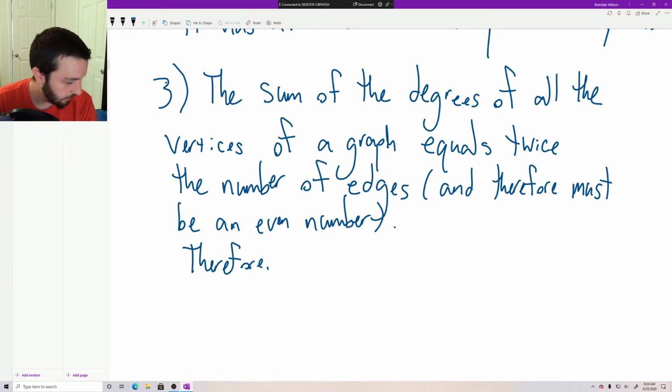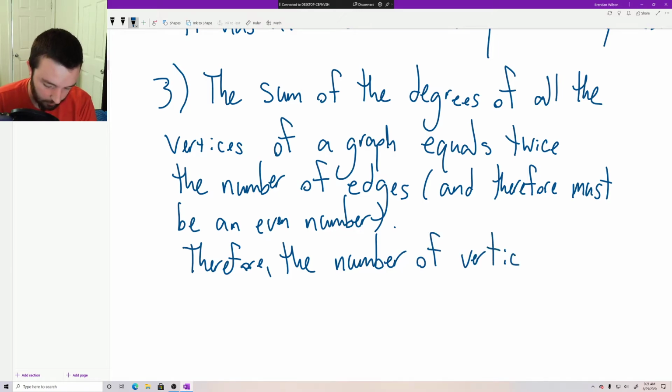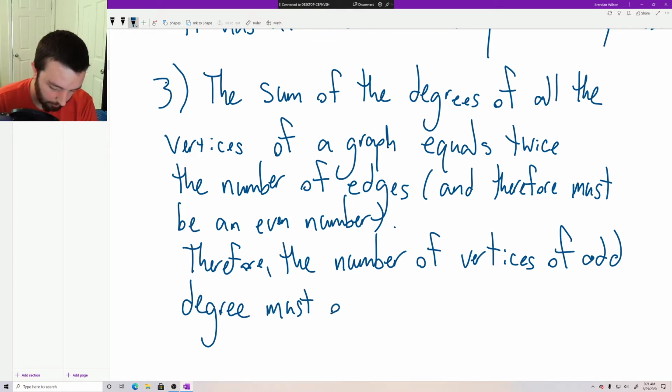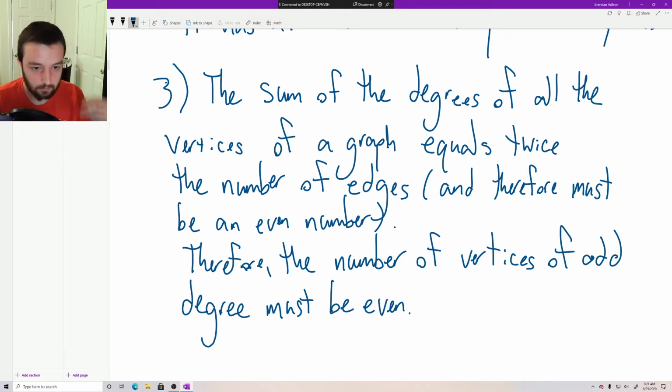Therefore, the number of vertices of odd degree must be even. This is a little weird, right?